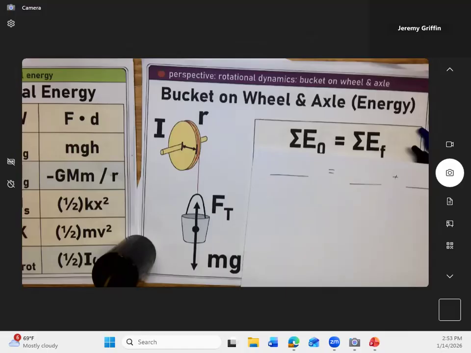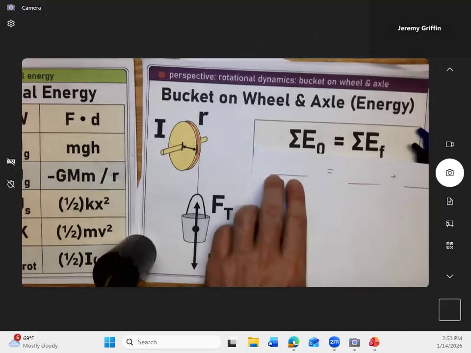Ooh, close. Almost. Some of you guys are close. I don't think anybody's got it 100% exactly. So, you guys know these are all energy terms.